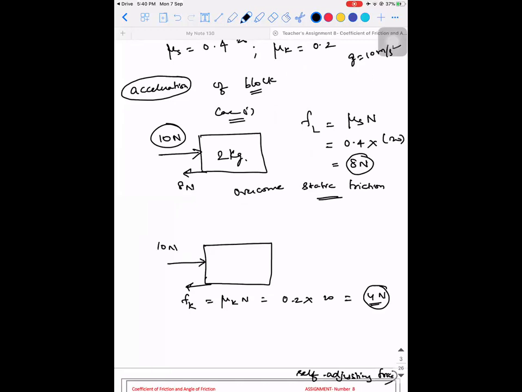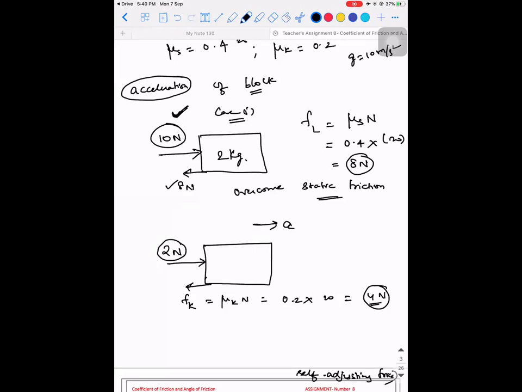Yes. Now the question is, should I write 10 Newton here? No, sir. What should I write? 2 Newton, sir. Why 2 Newton? Because to overcome static friction, we use 10. Exactly. So the applied force has overcome the static friction, and the resultant force, 2 Newton, is what is responsible for the acceleration of the block.